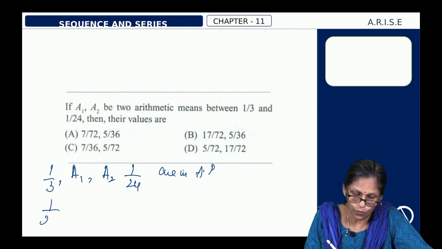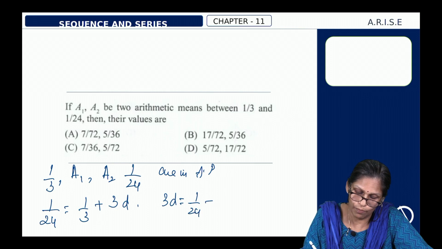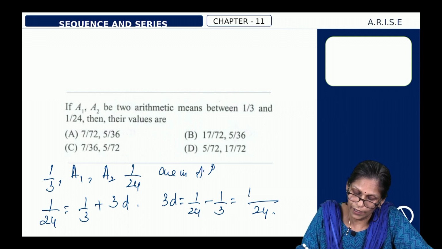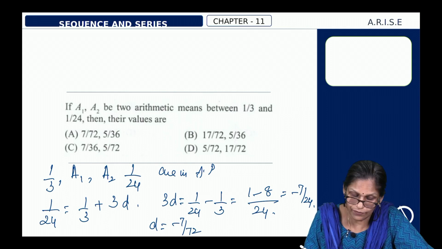So, 1 by 24 is A plus 3 into D. So, what is 3D? It is 1 by 24 minus 1 by 3. So, whole divided by 24, you would have 1 minus 8, that is minus 7 by 24. So, D will be minus 7 by 72. So, D is a negative number.